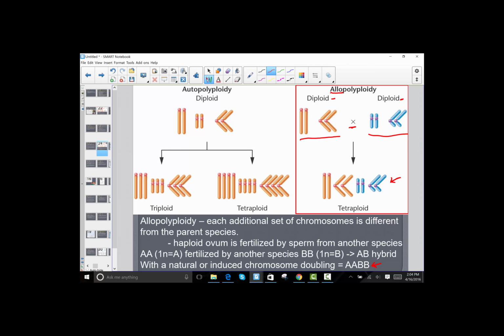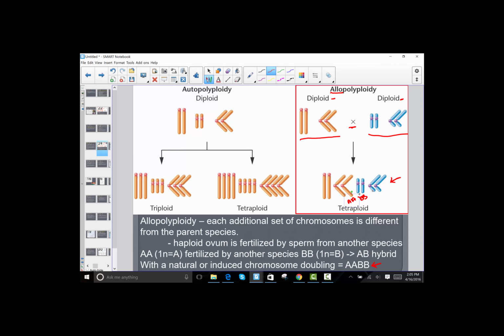So we go from a haploid situation to a chromosome doubling so that you have your tetraploid. So this is going to be A, and this is going to be B. This is going to be your tetraploid situation where you have an allopolyploid and you have 2 sets of chromosomes from each species.